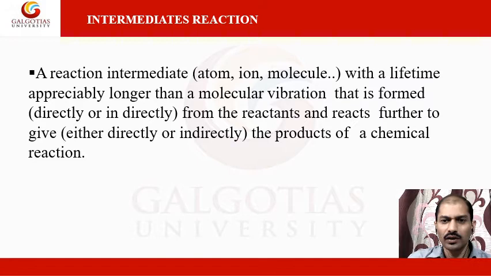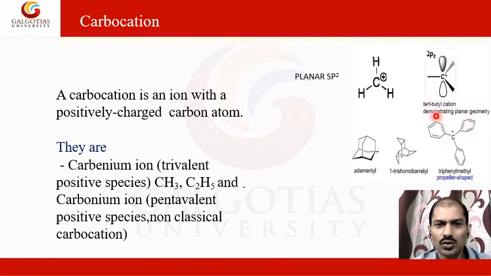Before going to carbanions, carbenes, and free radicals, which are the topic of the lecture, you need some prior knowledge of carbocations. A carbocation is an electron deficient species, with a planar structure and sp2 hybridization.